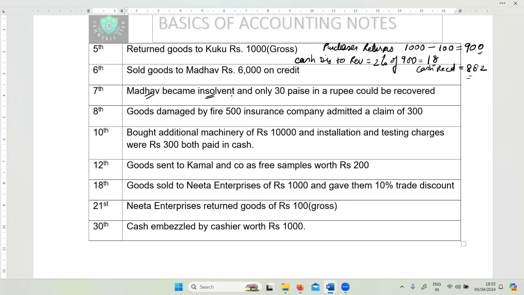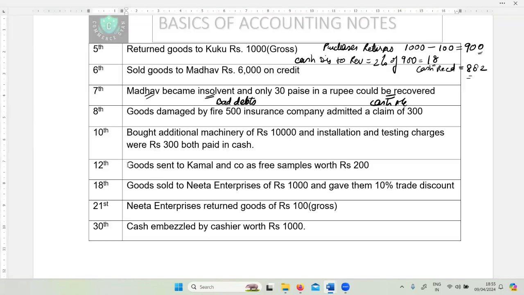Second we have is the loss by insolvency, or in terms we can say it is bad debts. So here we are having some bad debts. And finally, some amount is recovered. So recovery account will be the cash account. We'll receive some amount from Madhav. Now, basically two parts, cash is coming in and bad debts is a loss.